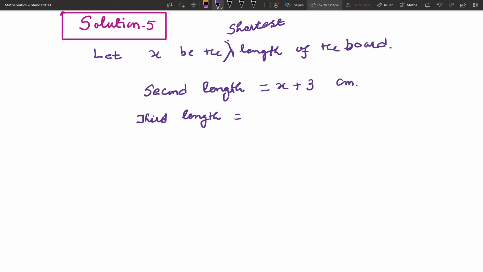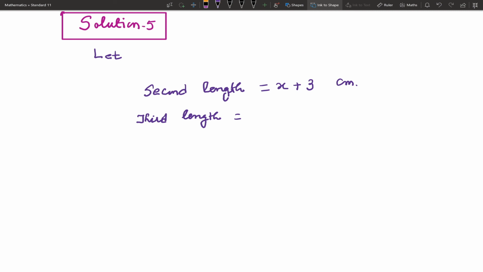again you note that we have supposed let x be the shortest length of the board, or you can say that we suppose let the shortest length of board be x centimeter.